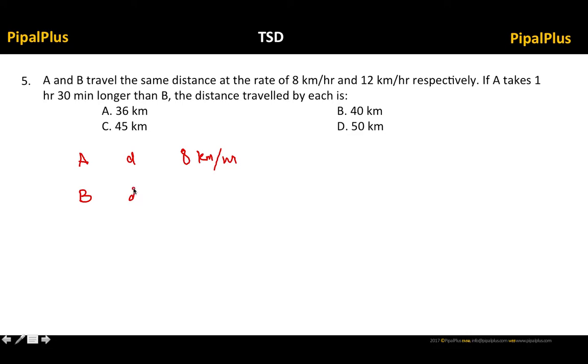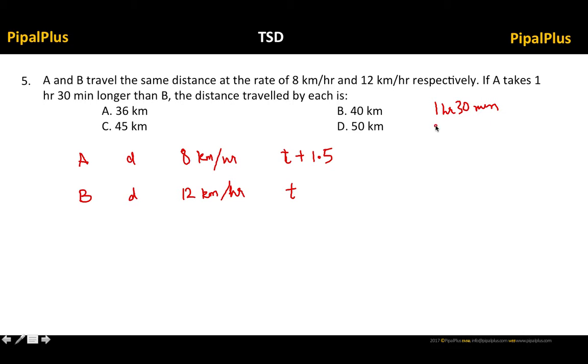So B is covering the same distance at 12 kilometers per hour. Now you notice that A is taking 1.5 hours longer than the time that B takes, right? So if I assume that B takes time T to cover this distance, then A is taking T plus 1.5, right?